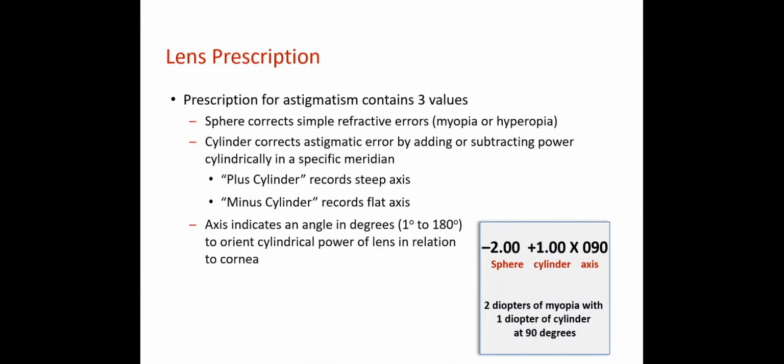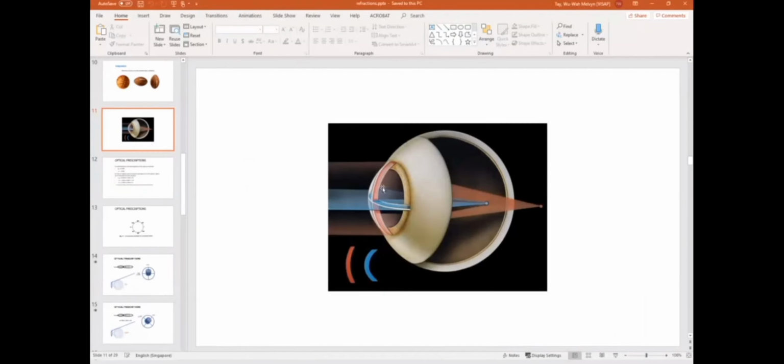But eventually what you want is correction on two different axes. For astigmatism, as I said earlier, you have two different axes of different power. You want to bring both of these focal points to the retina, so you need to find a way to have an optical correction for two different axes.